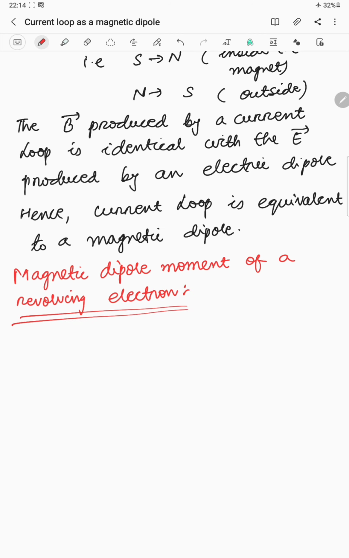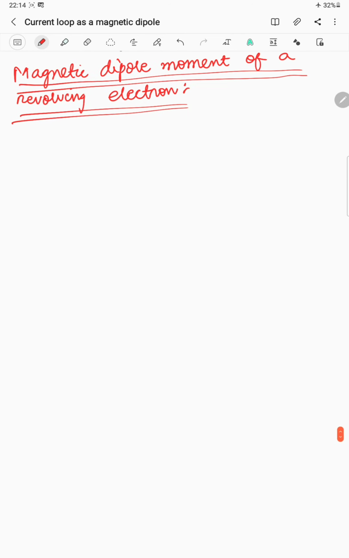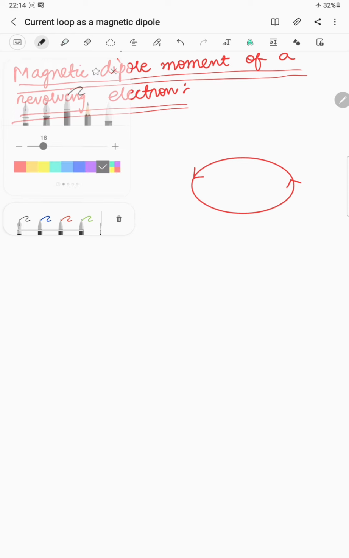We'll look into this. In this case, we will consider the circular path of the electron, and the electron is going to move in this direction.